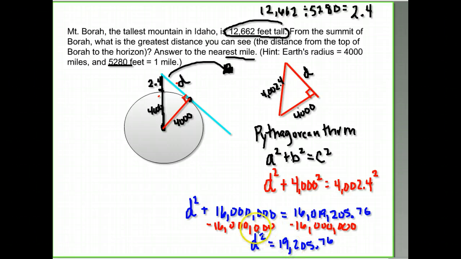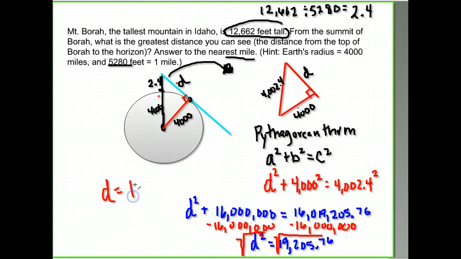Now I'm not done yet because to solve for d I have to get rid of that squared. Remember, anytime you have a squared, to remove it you do the opposite of squaring, which is to take the square root. So I take the square root of 19,205 and that will give me my answer.